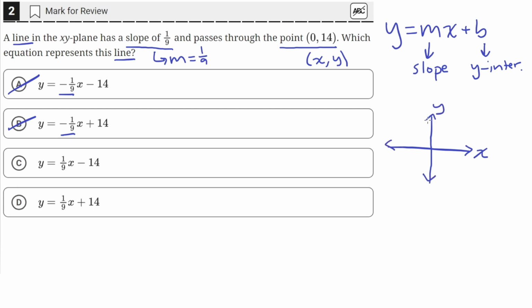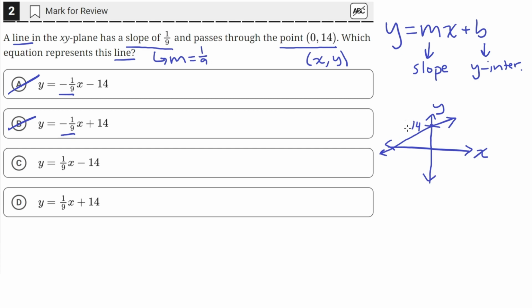Those are arrows. So the point 0, 14 is somewhere on the y-axis at a y value of 14, since x is just 0. So that means the y-intercept, where the function crosses the y-axis, is at the point 0, 14. So it would look something like this, the line.